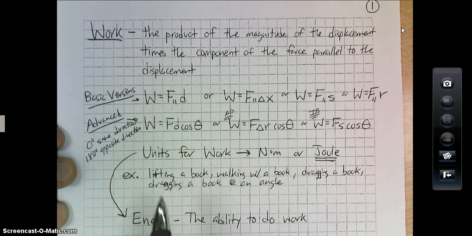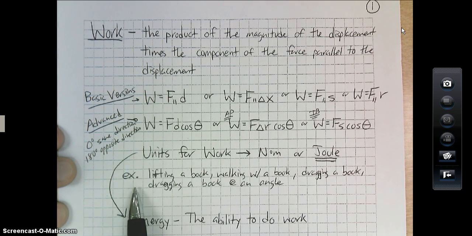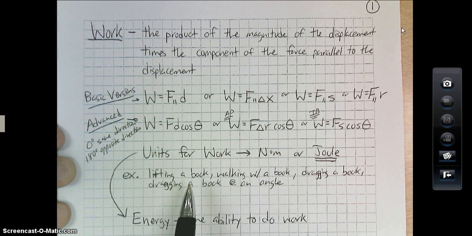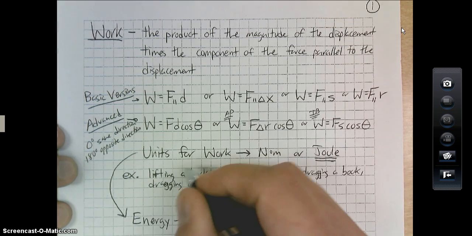Okay. So I've written down some examples here that I want to go through. Lifting a book. Is it doing work if you're lifting a book? Well, let me see. The book itself has weight, and we are raising it up in the air in the same direction, a parallel direction as the force. Therefore, yes, you'd be doing work. For this one, walking with a book. Now let's write this down here.